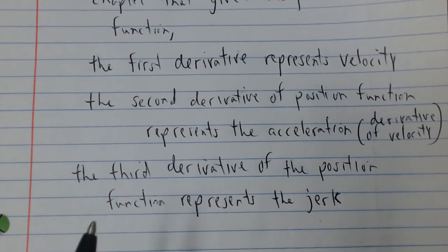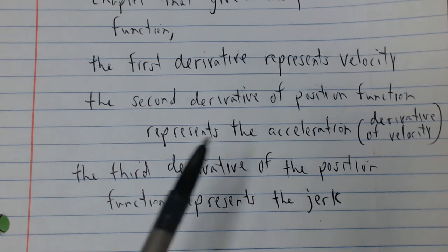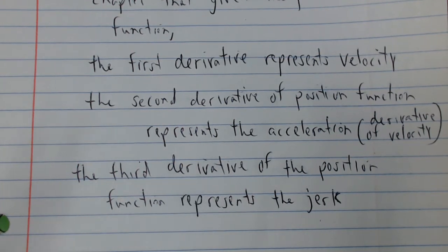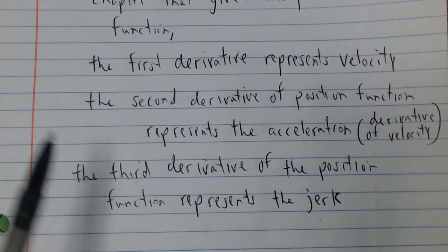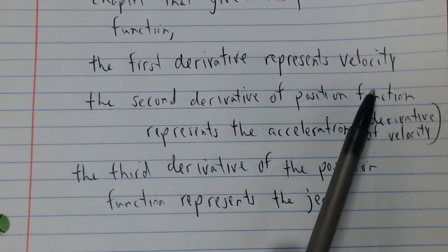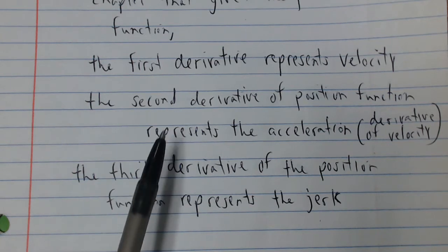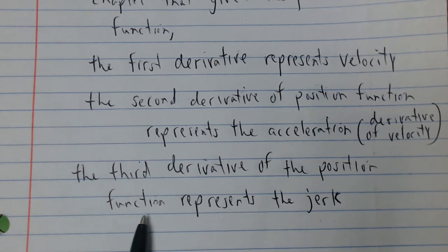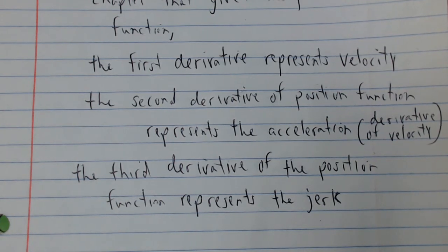If you think about it, when car manufacturing companies design these transmissions, they come up with a function that describes the position of the car, and then they find the third derivative. If the transmission is going to be smooth, they want to set the jerk equal to 0. If the transmission is very smooth, you don't want the person to feel the car changing gears, so you set the jerk equal to 0.